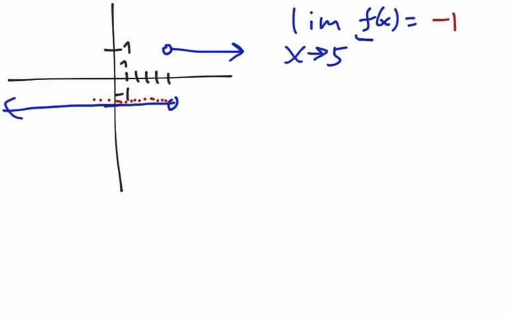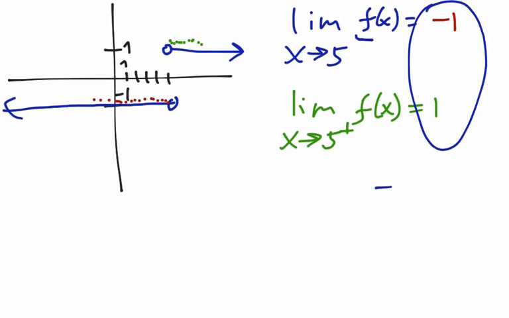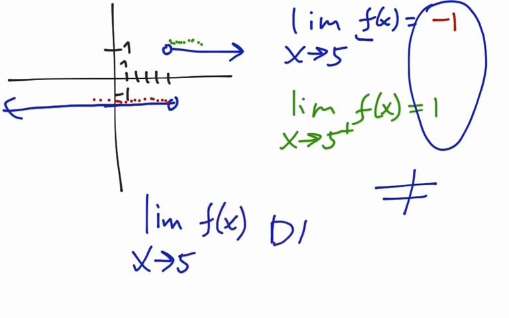So the left-hand limit is simply -1. And then for the limit from the right, we do the limit as x approaches 5 from the plus side of f of x. We're approaching 5 from the right, and those y values are staying at 1, so that limit is 1. Notice here that 1 and -1 are not the same, therefore the limit in general, as x approaches 5, no plus or minus, of f of x does not exist. That's the big idea to get from a one-sided limit.